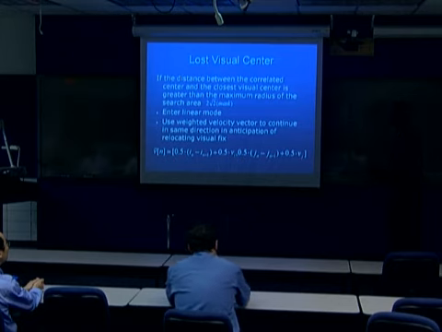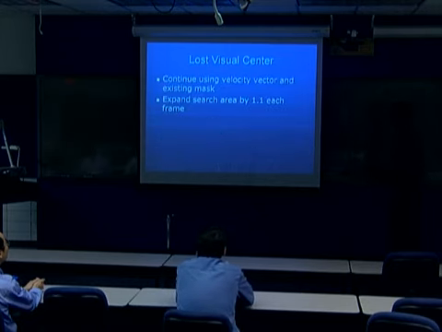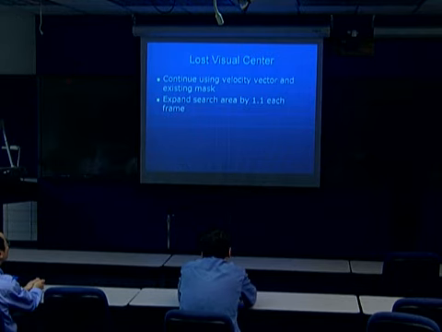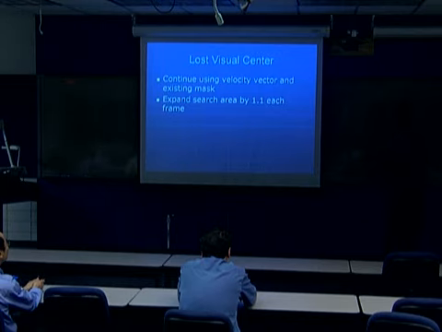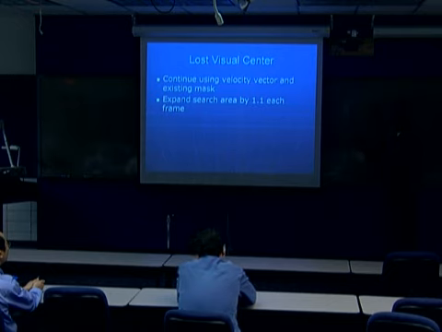We continue using that velocity vector and the same mask that we had before, and just keep looking for the vehicle as we move on by frame. And we also increase the size of the window by 10% each frame, so that it gets bigger and bigger, and we would hopefully catch the vehicle soon.